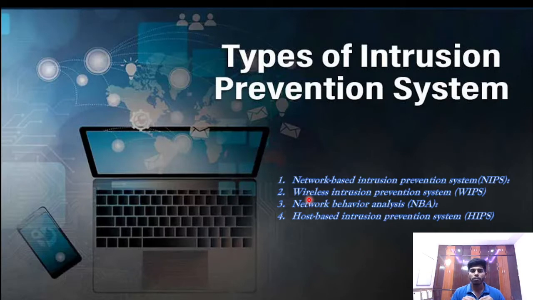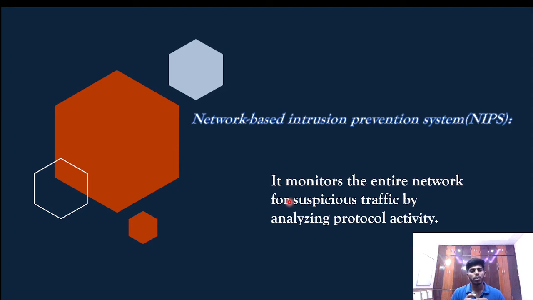There are different types of intrusion prevention systems. They are network-based, wireless, network behavior analysis, and host-based intrusion prevention systems. Here we will see about network-based. Network-based intrusion prevention systems monitor the entire network for suspicious traffic by analyzing protocol activity.